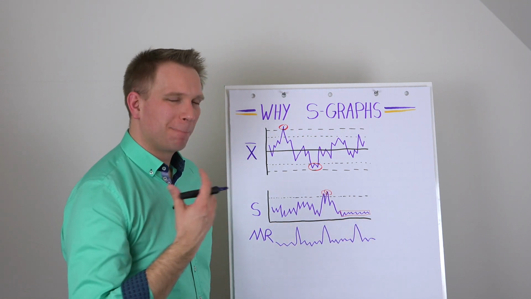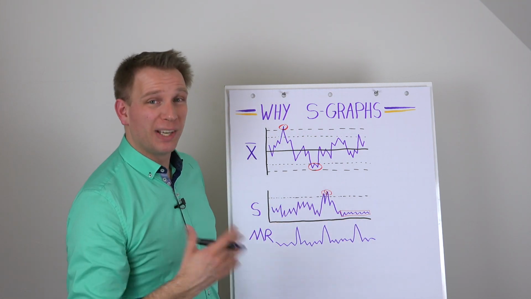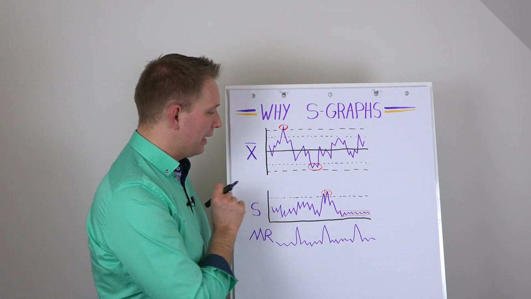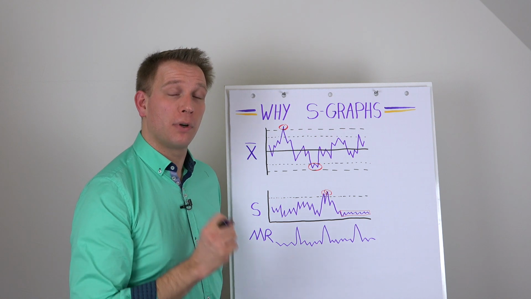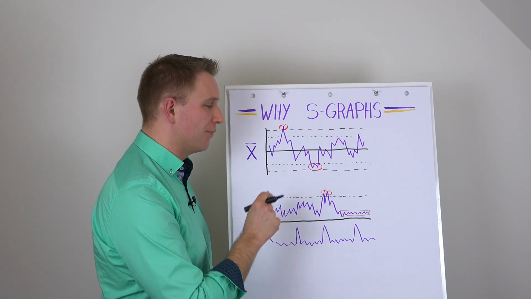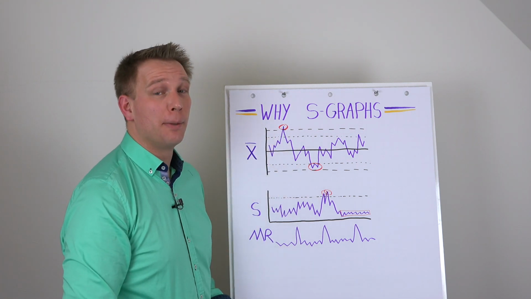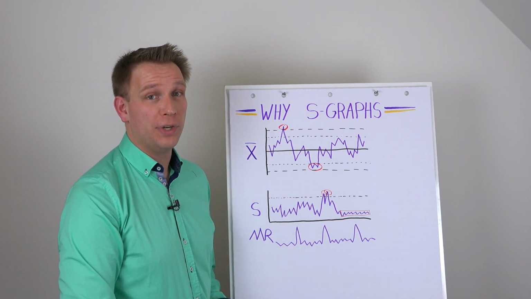But to be honest, for an individual moving range chart, I like the moving range graph even less. The standard deviation graph of your subsamples, that one is a very nice addition to the main graph. Again, the main graph is the main graph for a reason.